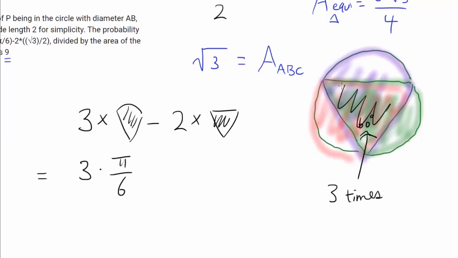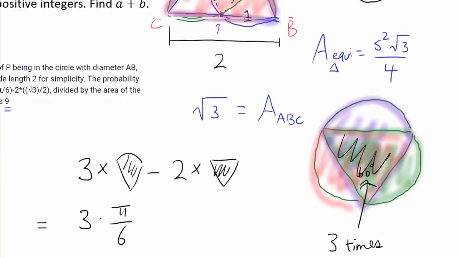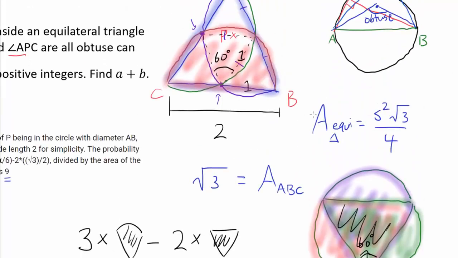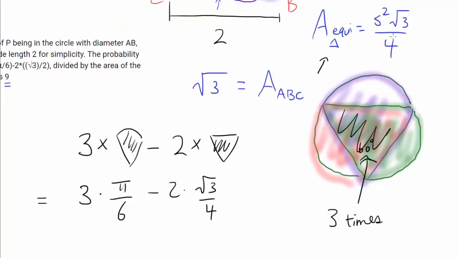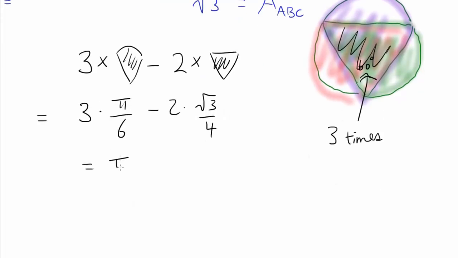And what's going to be the area of the equilateral triangle? Well, it has a side length of 1, because that's also an equilateral triangle. So it's going to be square root of 3 over 4, using this formula, plugging in s of 1. And this is going to get us pi over 2 minus square root of 3 over 2.